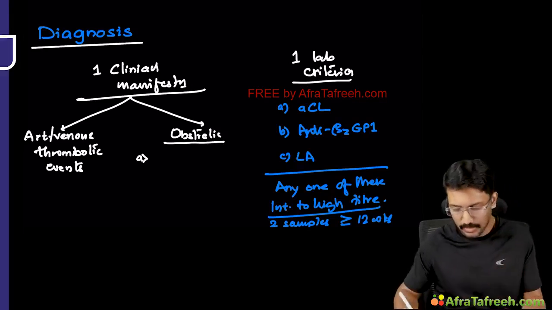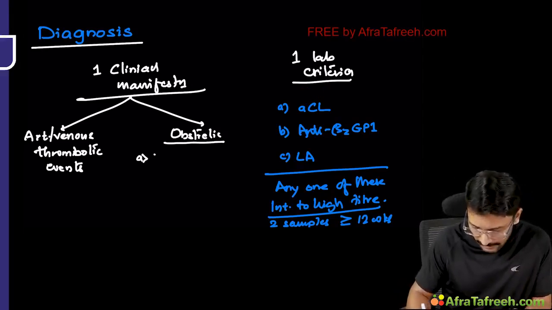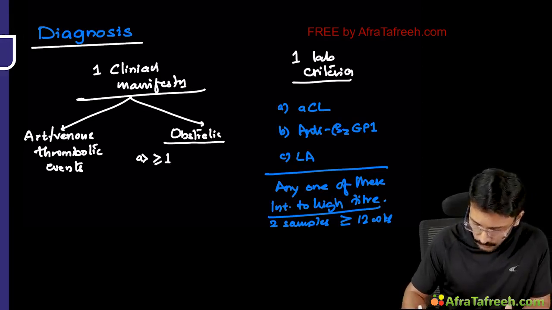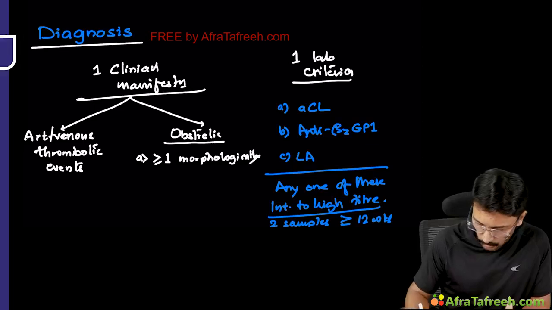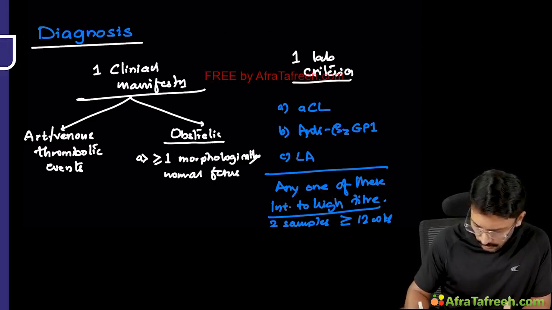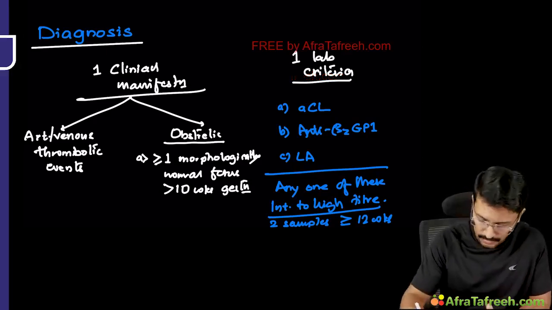The first criteria under the obstetric is loss of or unexplained death of one or more morphologically normal fetus after 10 weeks of gestation. That's the first obstetric criteria.